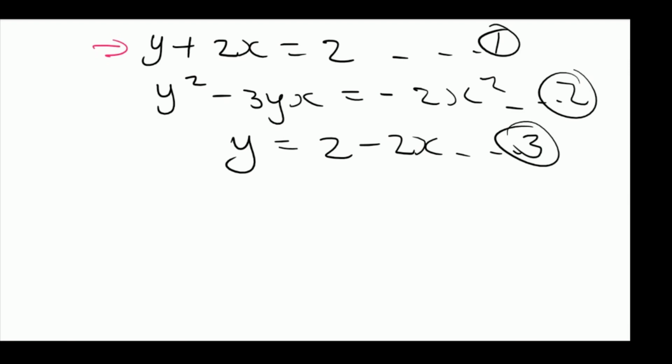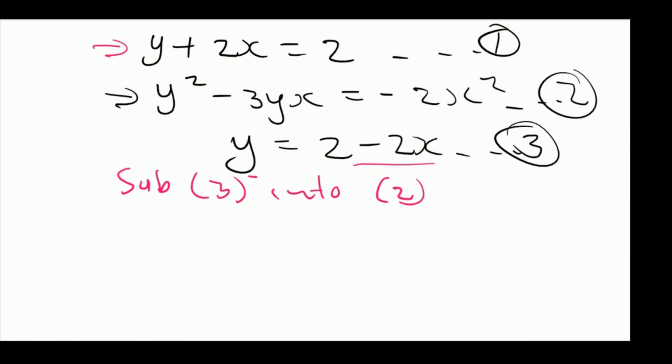So the first thing we're going to do is substitute equation 3 into equation 2. So wherever we see y, we're going to replace it with 2 minus 2x. Alright. So first we see y squared here.